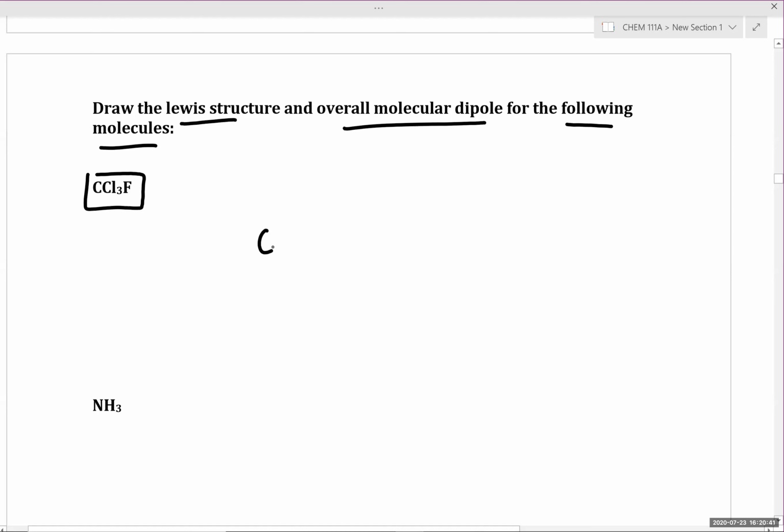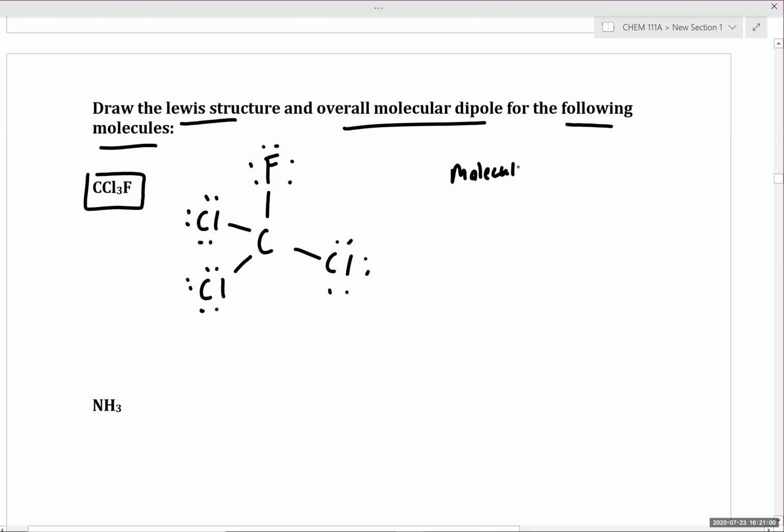But what's important is that we start to look at how different polar bonds can interact and influence our net molecular polarity. So then, quickly drawing the Lewis structure for this molecule, I'd like you to tell me, what is our molecular geometry, looking specifically at carbon?